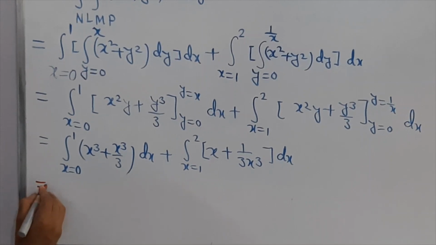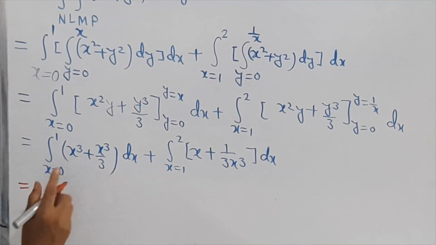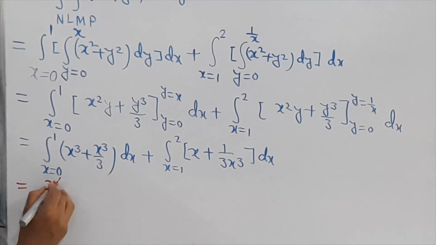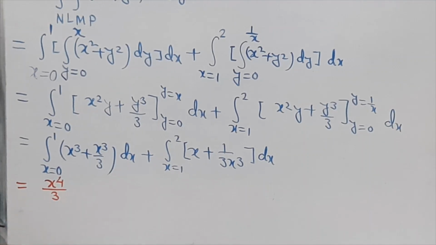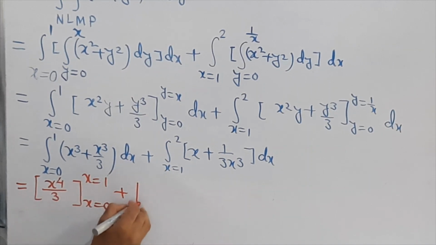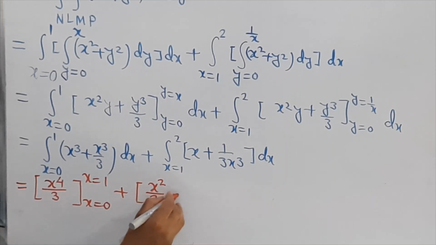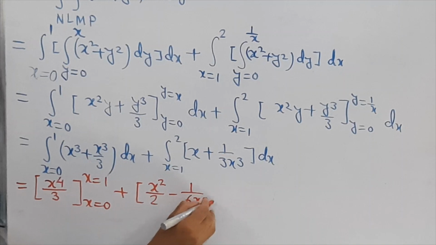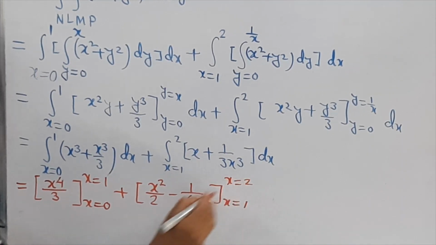Now integrate the first part, 4x cube by 3, so that x to the power 4 by 3, 4 and 4 cancelled, lower limit x is equal to 0, upper limit 1, plus integrate the second part, lower limit x is equal to 1, upper limit x is equal to 2.